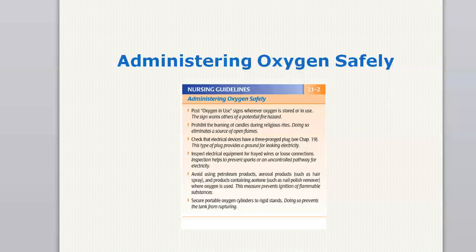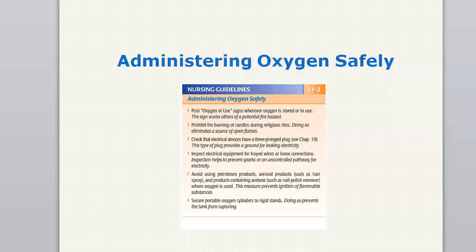Anytime there's an area with frayed wires or loose connections, it can be a source of a fire. Avoid using petroleum products, aerosol products, such as hairsprays, and products that contain acetone, especially if women are doing their own nails. It could prevent ignition of flammable substances.